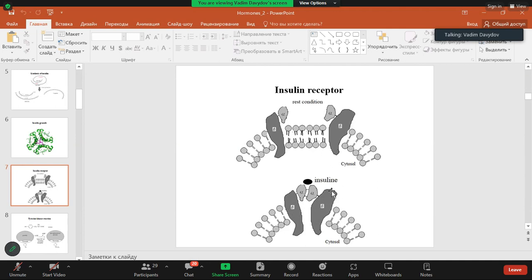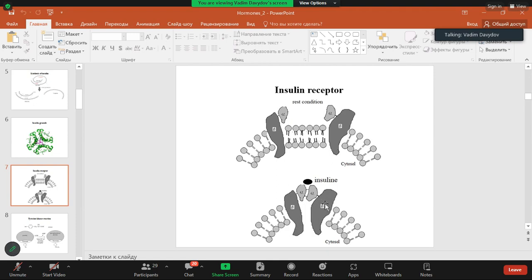It's a membrane-bound protein. The alpha subunit, or alpha chain, doesn't bind with the cell membrane, but it binds with the beta chain. Alpha and beta chains bind to each other usually with a disulfide bond.